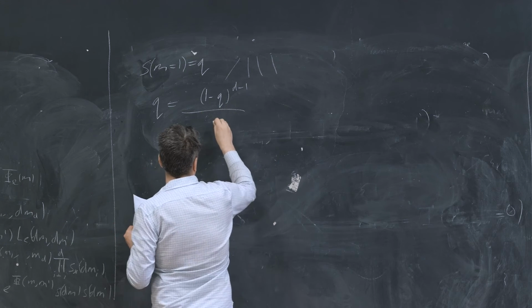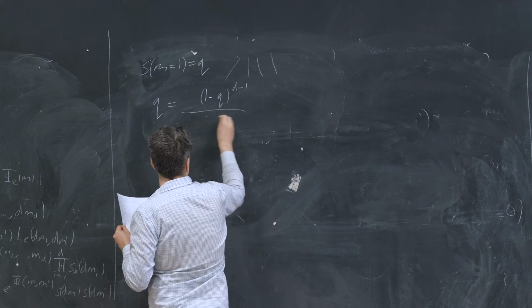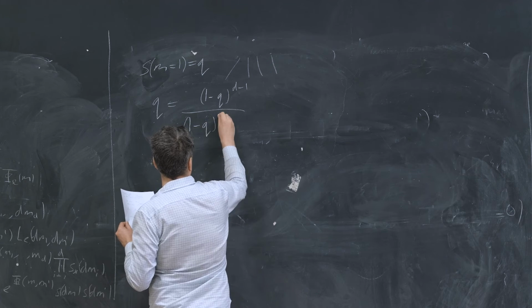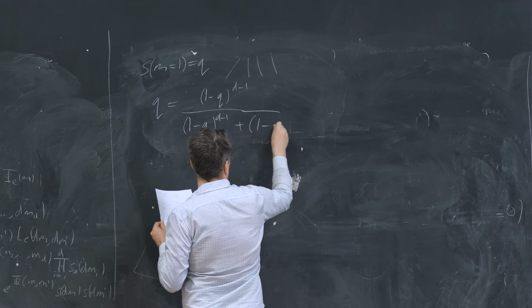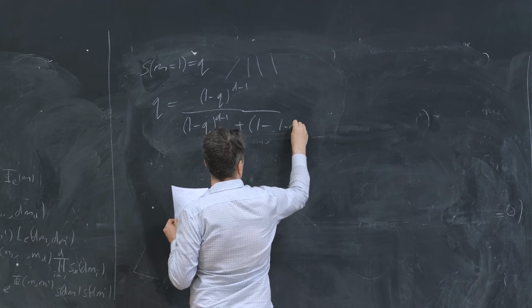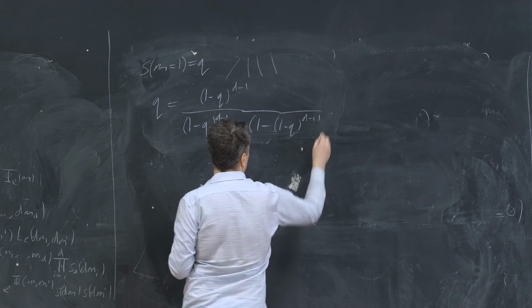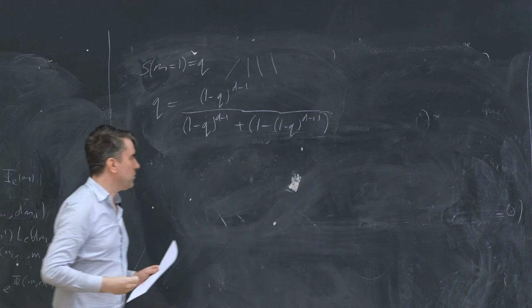The probability that all of these messages are 0 will be 1 minus q to the d minus 1 over, well, actually 1 minus d minus 1 plus... But actually, this isn't quite what I want to do.